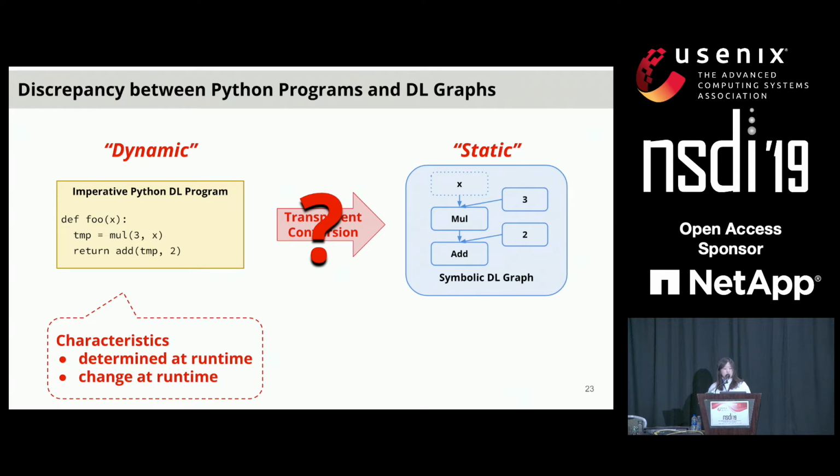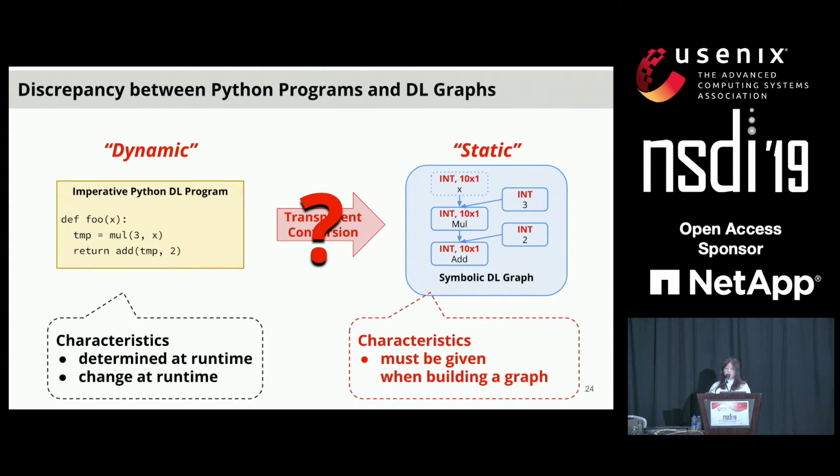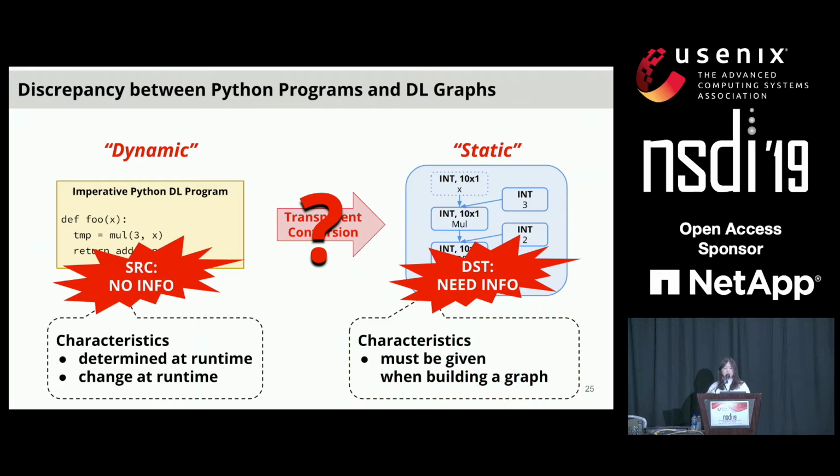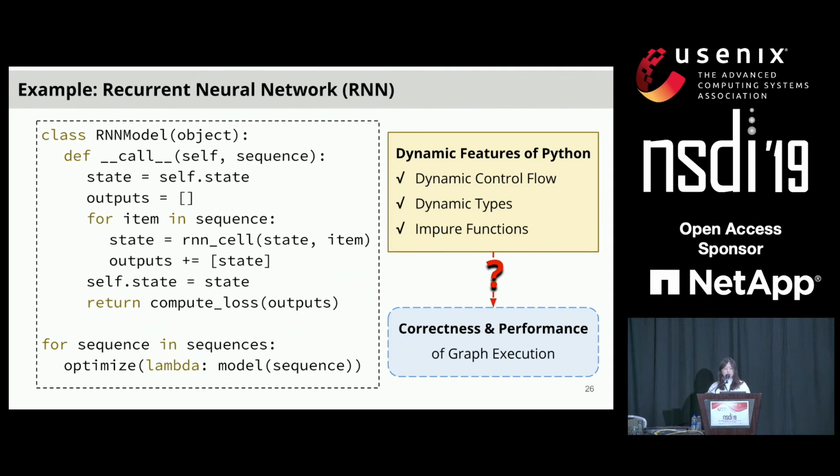Moreover, such characteristics can change over multiple invocations of the same program. On the other hand, it is commonly required to provide such characteristics for building deep learning graphs. So as you can see, we have a problem here. That is, the characteristics are required for building symbolic graphs, but the imperative program has no information about such characteristics.